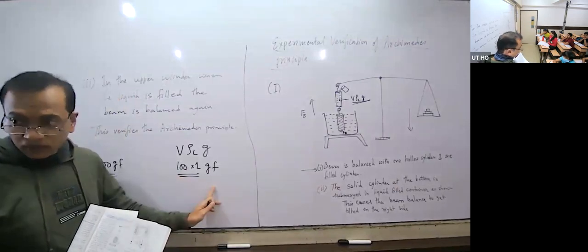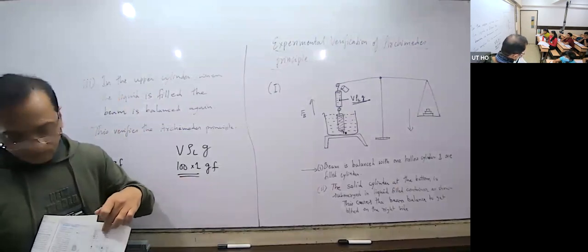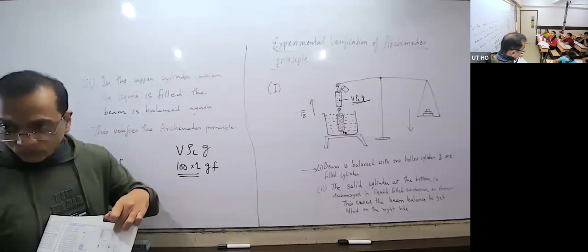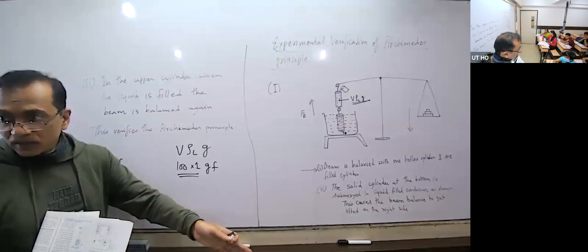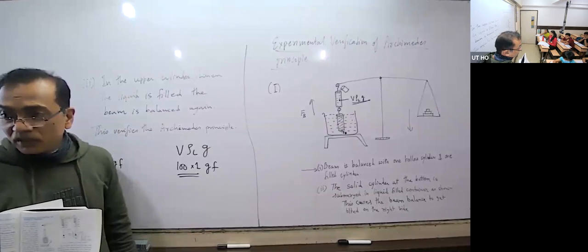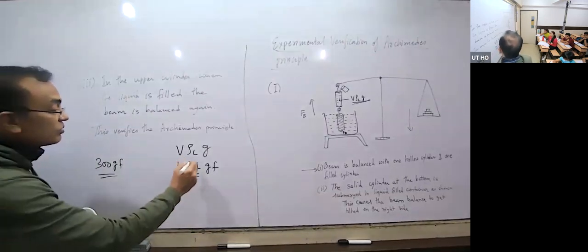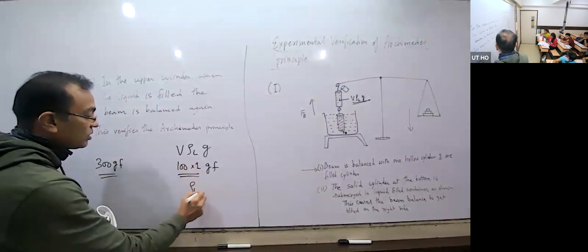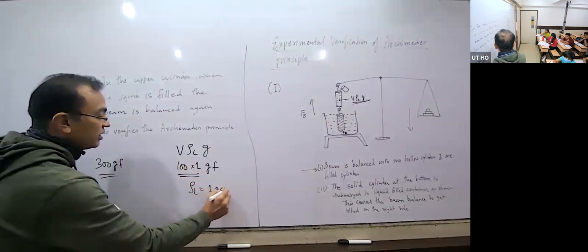So that is the weight of the liquid now. So it is now directly proved. When the difference is only 100 gram force, and you see that 100 gram force of liquid was displaced, that is Archimedes' principle. Got it? Got it or no? Because here we have used density rho L, for water, let us say, is 1 gram per centimeter cube.